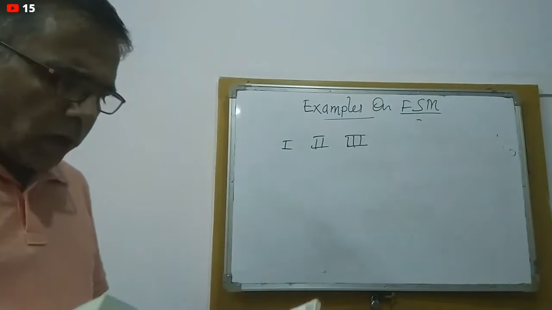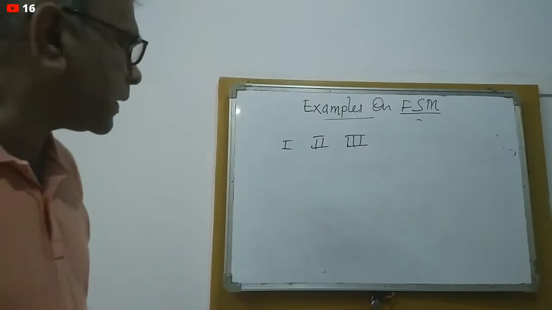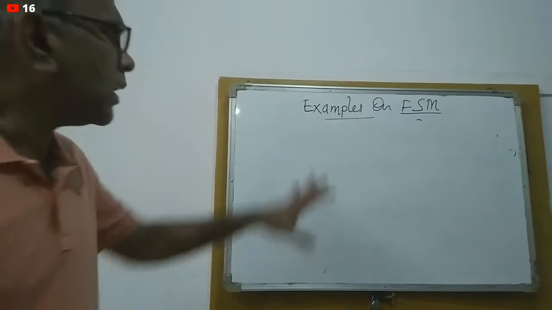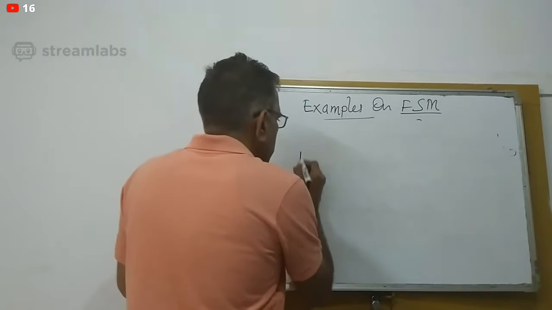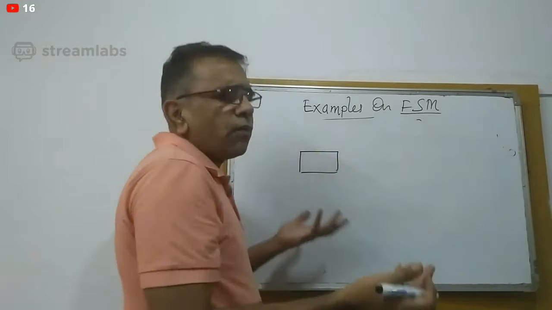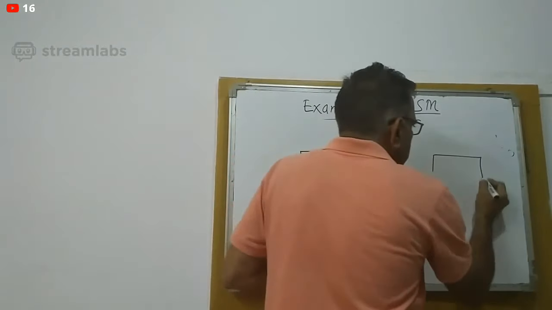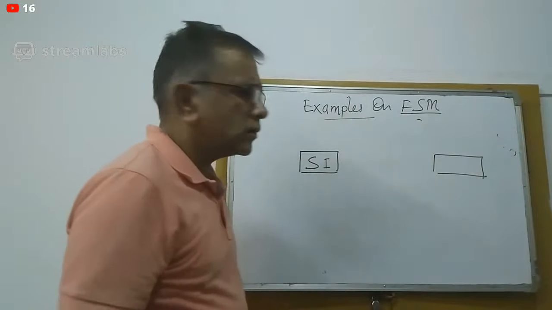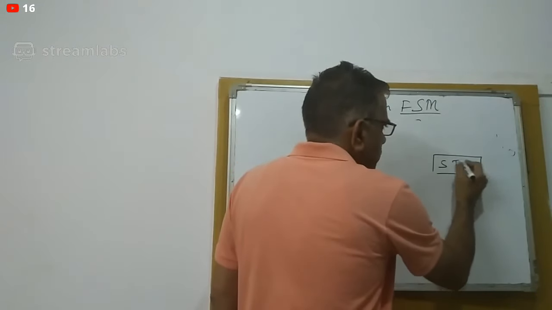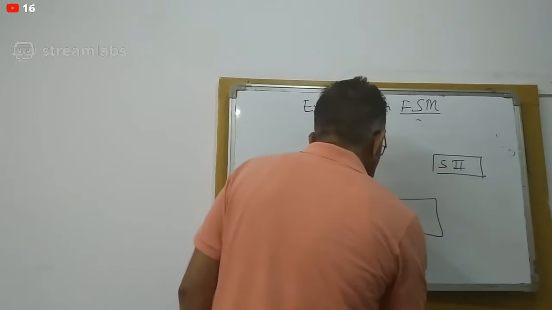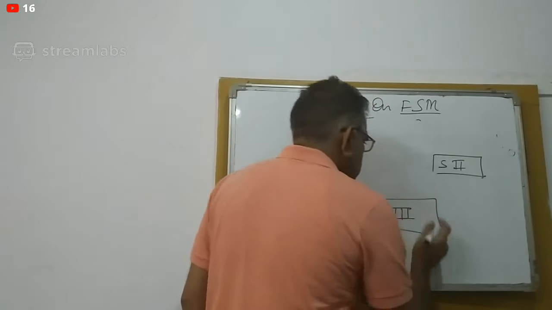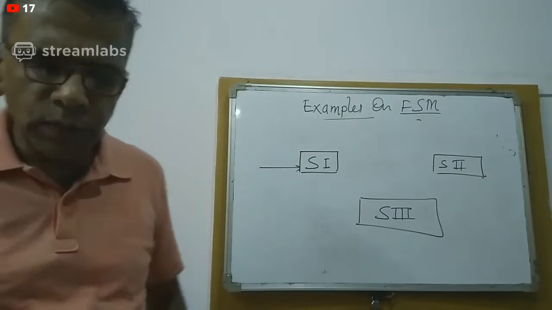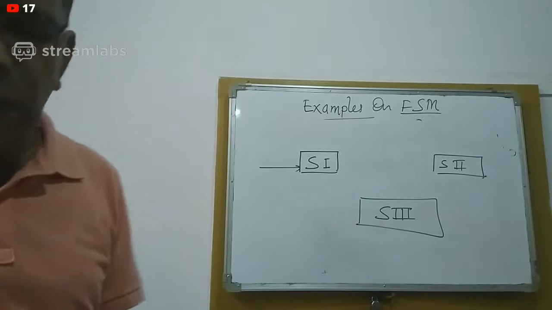So one thing is clear in this example: the FSM has 3 states. State 1, I will represent as S1, state 2 as S2, and the third one is S3. I will consider S1 as my start state.